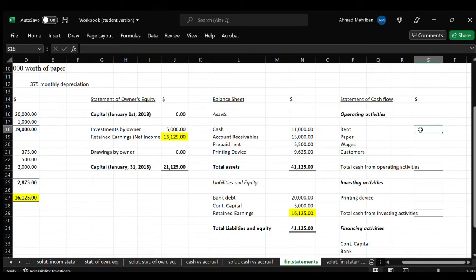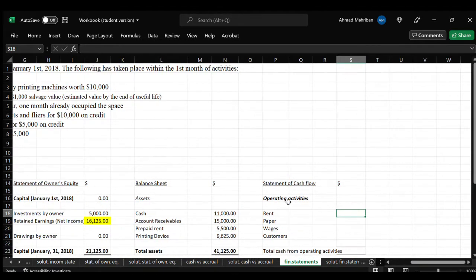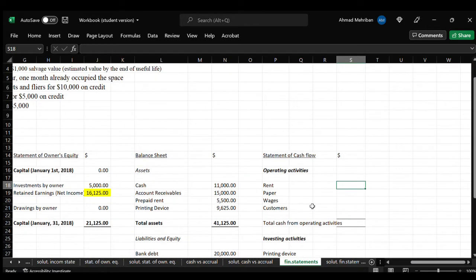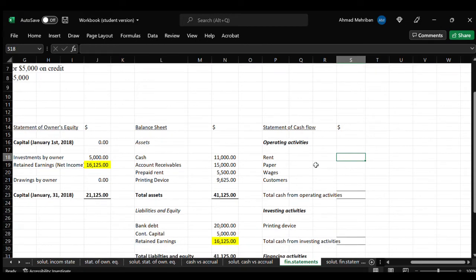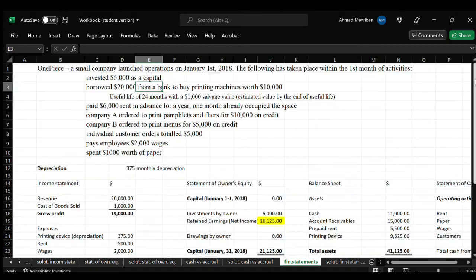Now, we already know by now that our rent, and this is again the least confusing one, because this statement follows cash. So regardless of revenue, timing is important, but regardless of the on-credit entries, we don't count them because they are not cash, we just follow the cash. Now, let's look first and foremost at the operating activities.